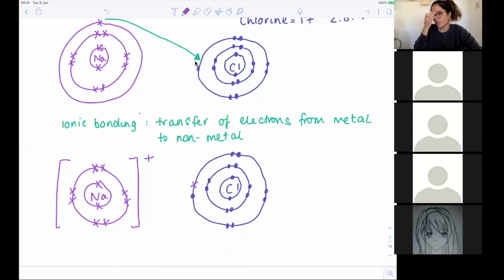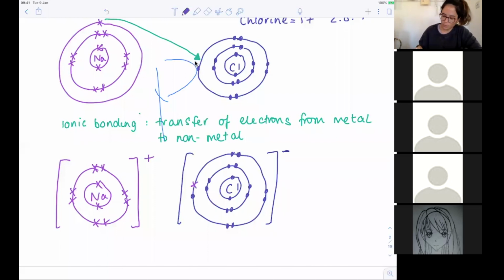So I'm going to show that using colours. That electron has come from sodium. It's really important that you show that it's come from the different atom. You can just use dots or crosses or different colours. That's up to you. And then in terms of the charge, because it's gained an electron, we know that it must have gained a negative charge. So the charge on the negative ion here is 1 minus.